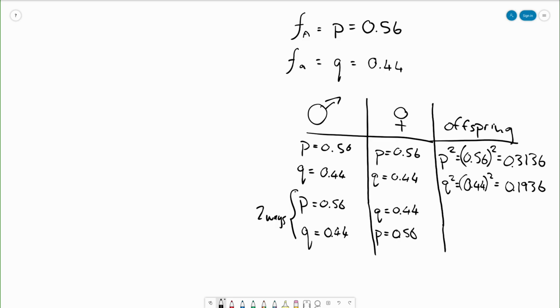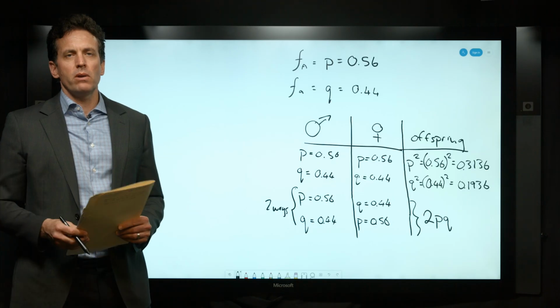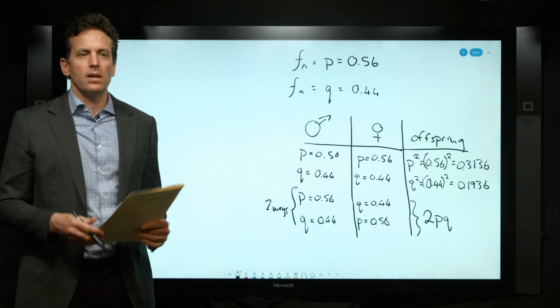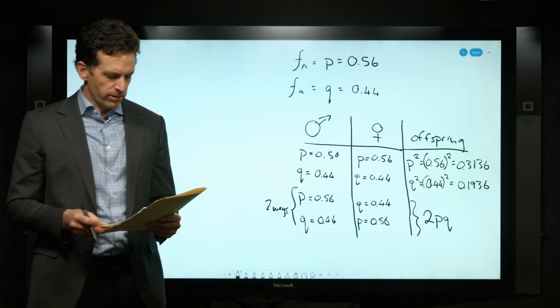Therefore, when we do our computation to figure out the probability of forming a heterozygote for the next generation, we sum those two together and get 2pq. The point here is that if we know the allele frequencies in the current generation, we can compute the expected genotype frequencies in the subsequent generation.